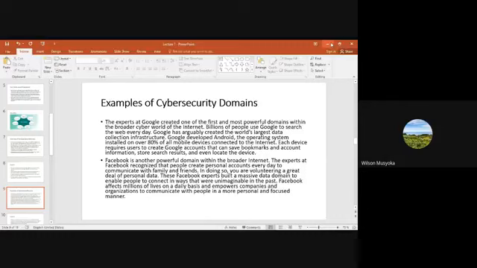Facebook is also another one which has a broader domain. The goal of Facebook was to create a platform whereby people could create accounts, create their profile, and connect and communicate with family and friends.